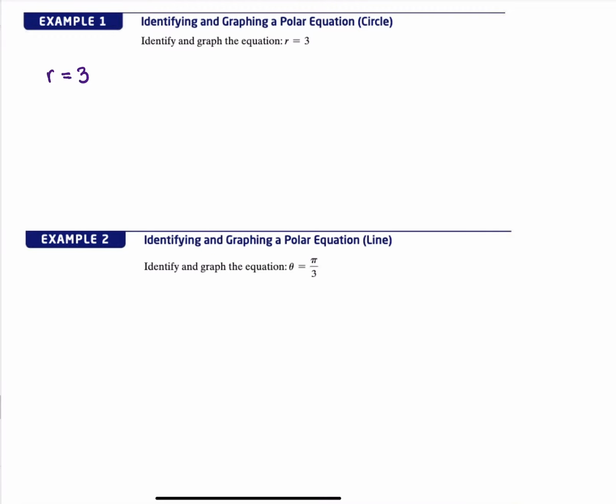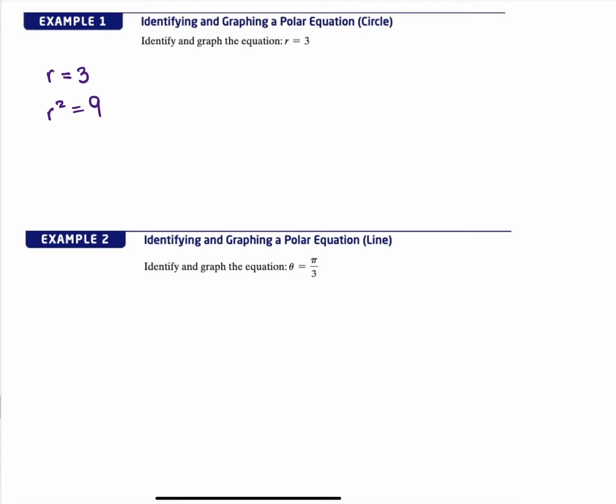And so for converting between an equation in polar and rectangular coordinates, there's a few strategies. Sometimes we would square both sides, and sometimes we might multiply both sides by r. In this case, let's square both sides of the equation. We would get r squared equals 9.